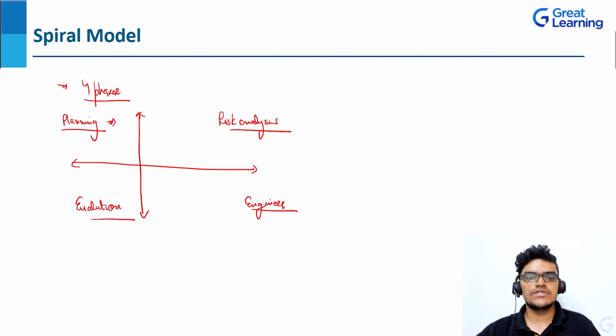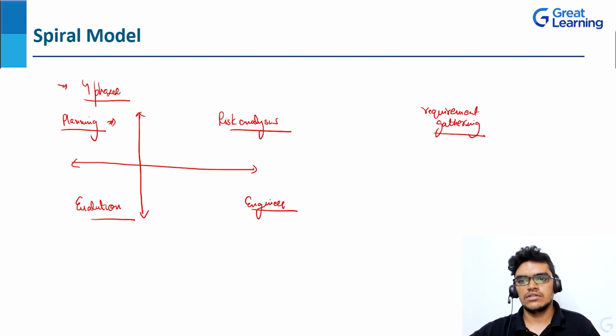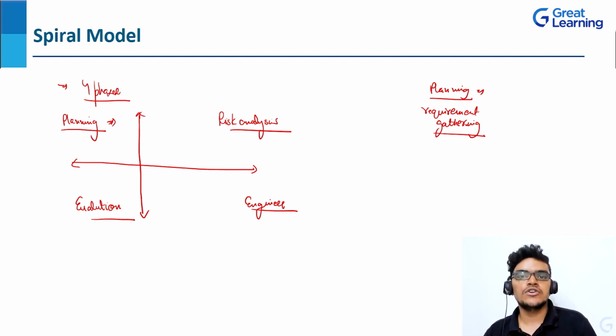Now coming to the first phase, planning. Planning includes requirement gathering, so let me write requirement gathering here. What will happen in planning? As I already told you, planning includes requirement gathering, where the required information is gathered from the customer, right?